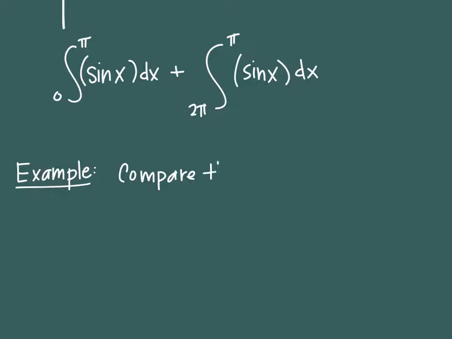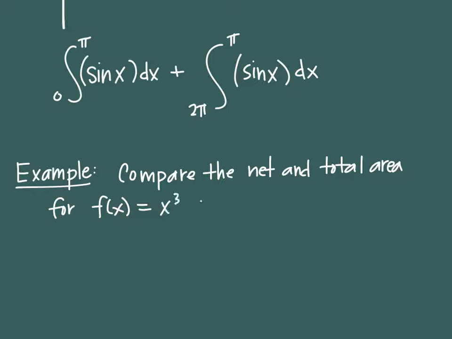So let's do a problem that doesn't have nice symmetry like sine. All right, so compare the net and total area for the function x cubed on the interval -1 to 2.